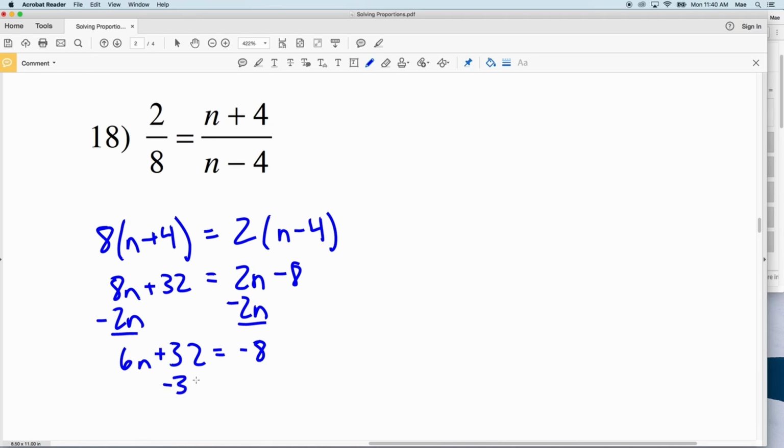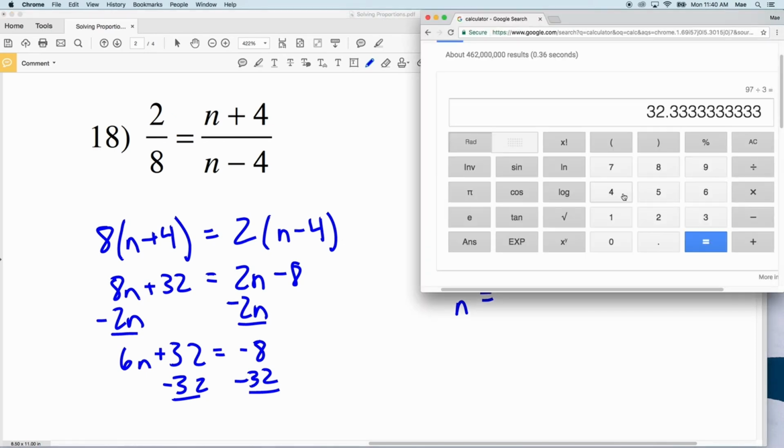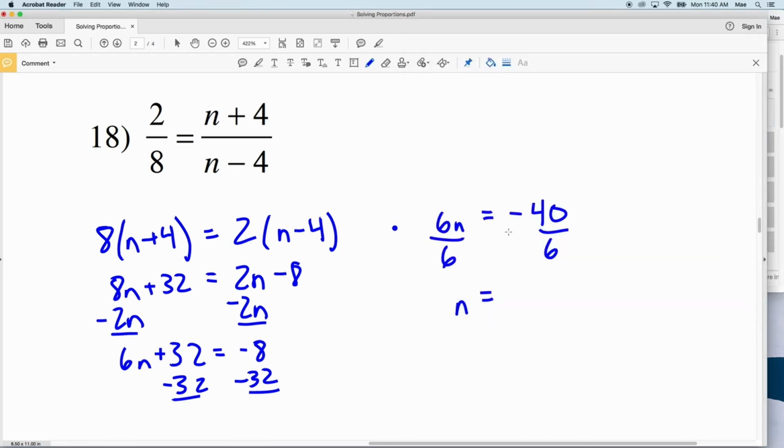When we subtract 32 from both sides, we'll be left with 6n equaling negative 40. Now the only thing that's left is to divide both sides by 6. So we'll have negative 40 divided by 6. So that answer is going to be negative 6 and 6/10 repeating. So a negative 6.667 for number 18.